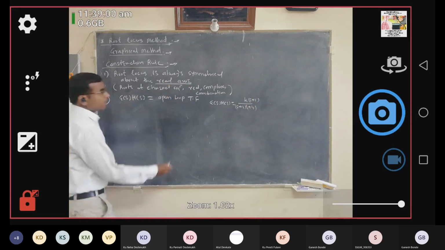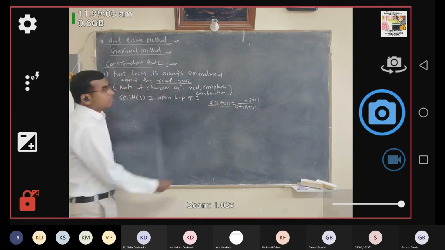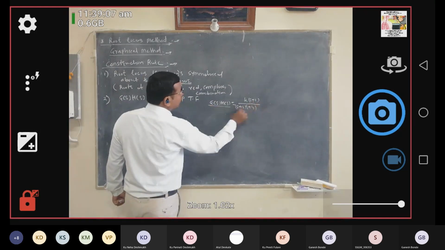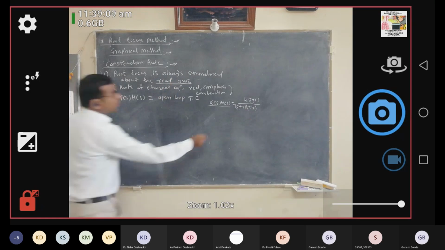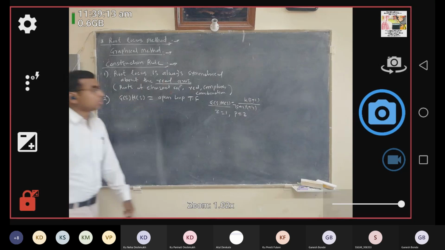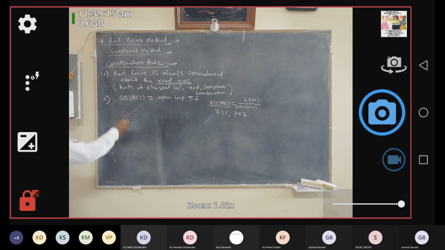Here one zero is present and two poles are present. That means here Z is equal to 1 and P is equal to 2. This information we can obtain from the open loop transfer function which is given to us.